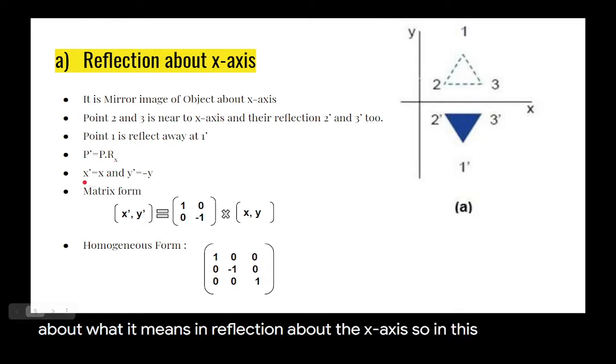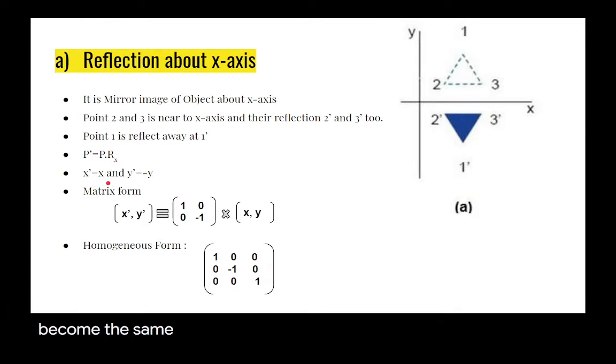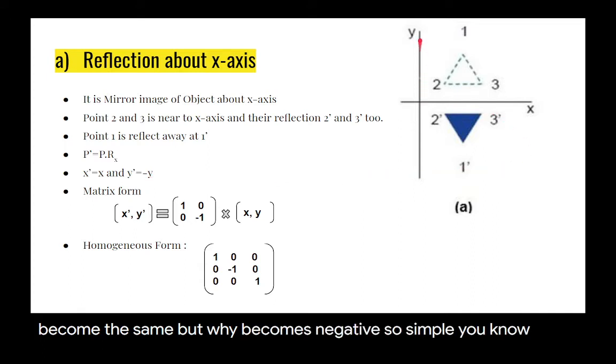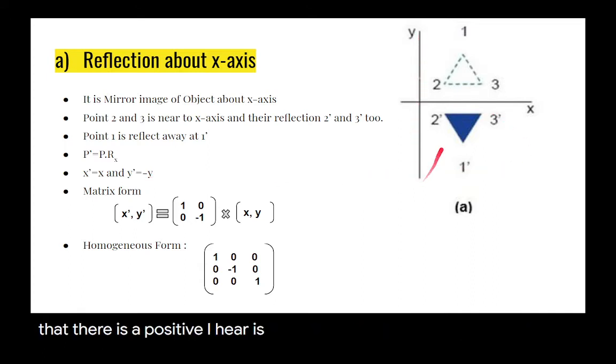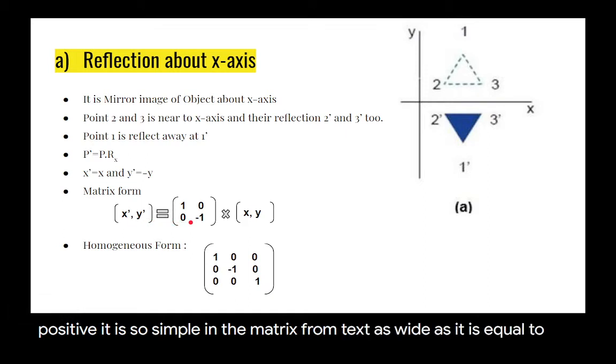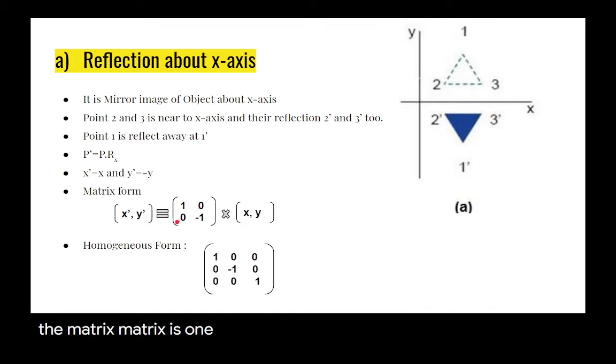In this case x dash stays the same but y becomes negative. It is simple: here is the positive y, here is the negative, but in the x part we have a positive. In matrix form, x dash, y dash is equal to the matrix 1 0, 0 minus 1, multiplied by x, y.